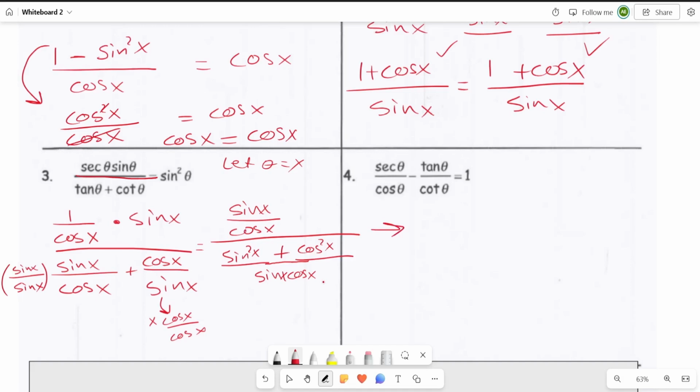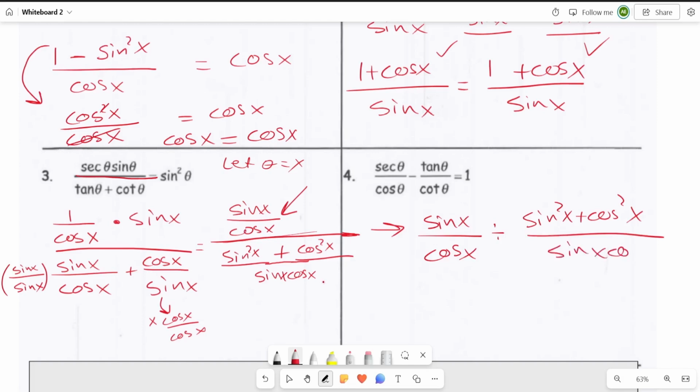So this means that I have the numerator divided by the denominator. Let me write the numerator as sine x over cosine x, and instead of this big divide line, I'll just write it as divide: sine squared x plus cosine squared x over sine x cosine x. Instead of divide, I can write it as a multiplication and flip this around.